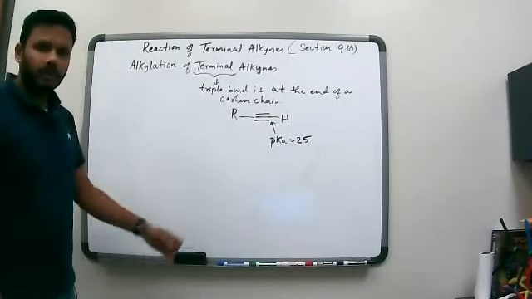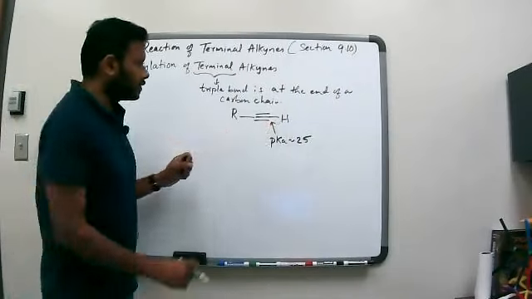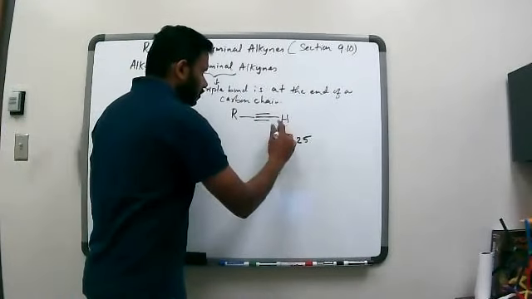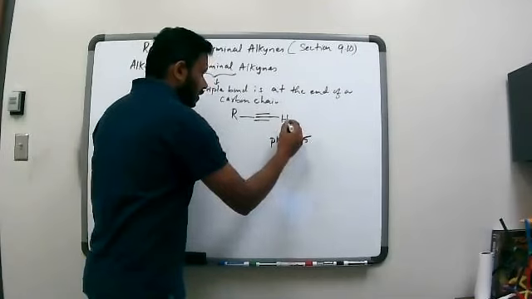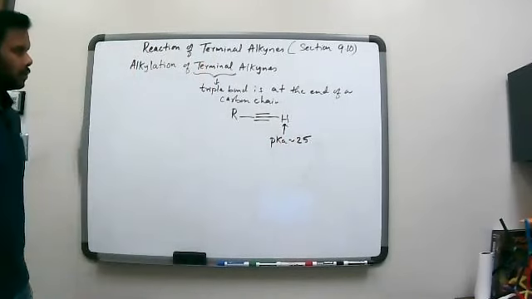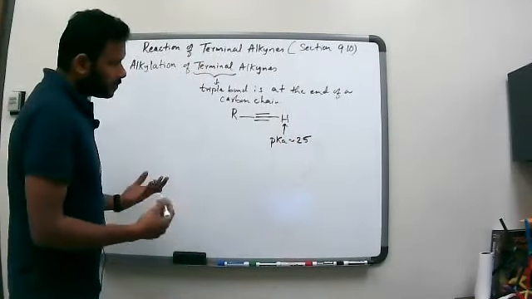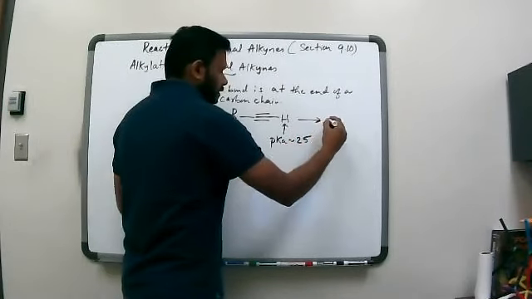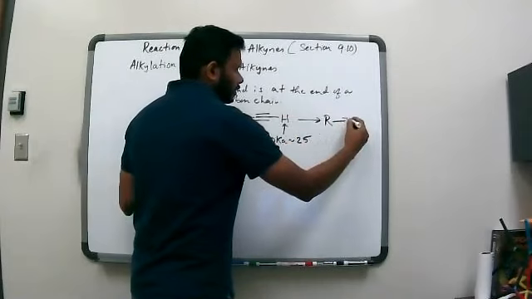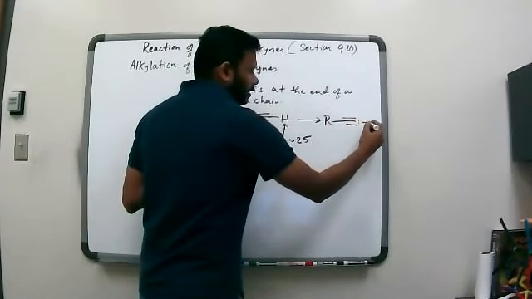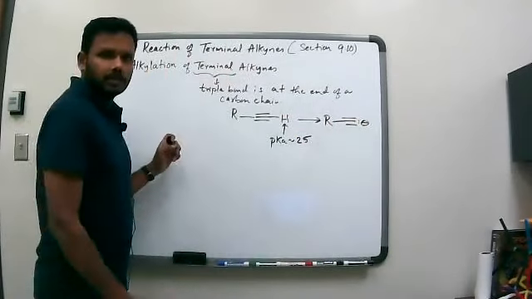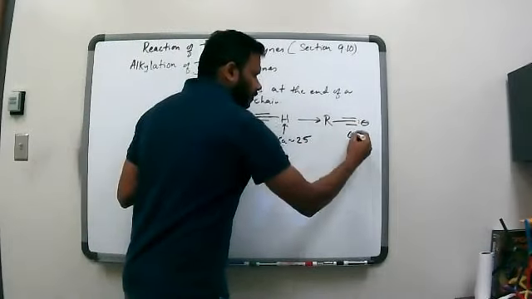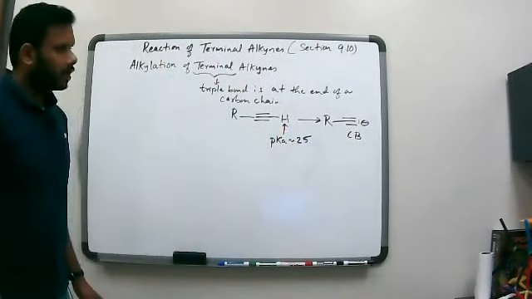You can imagine this because once we deprotonate, if this is the acid, then this is the conjugate base of this terminal alkyne.